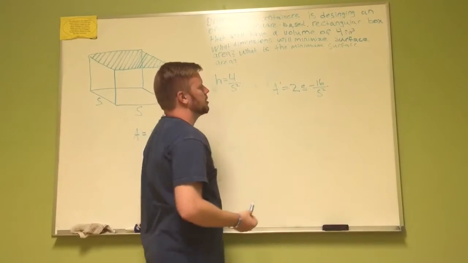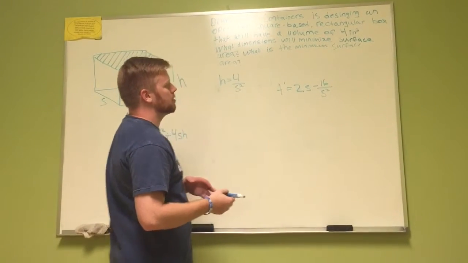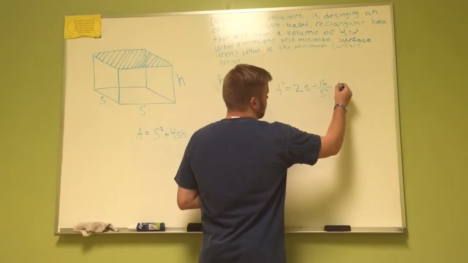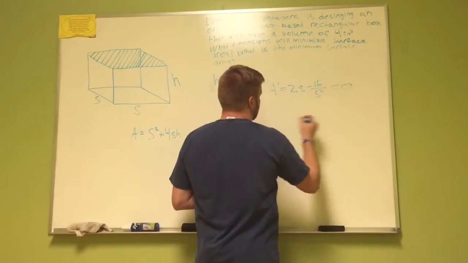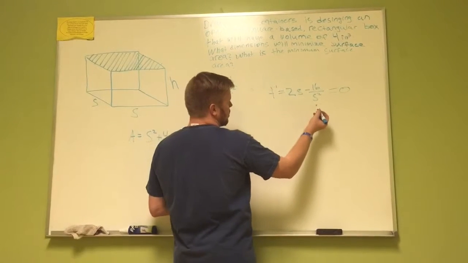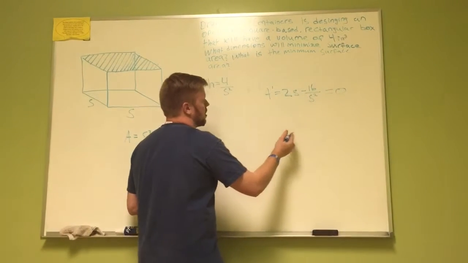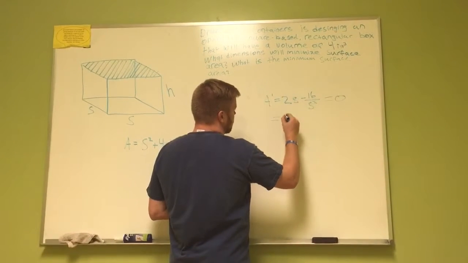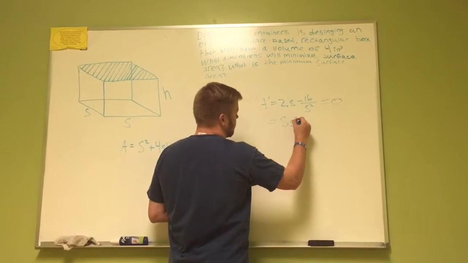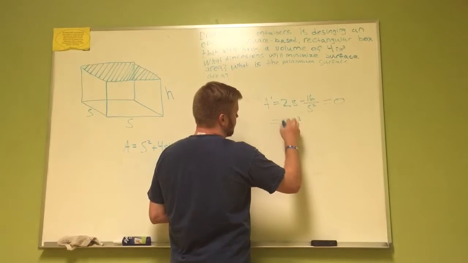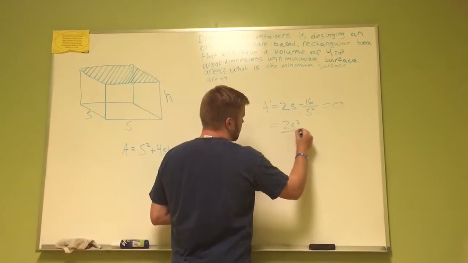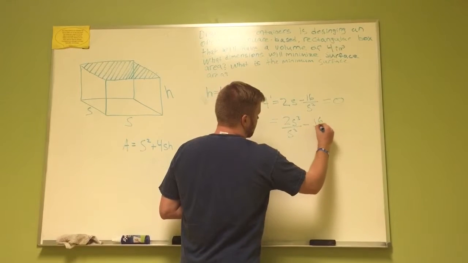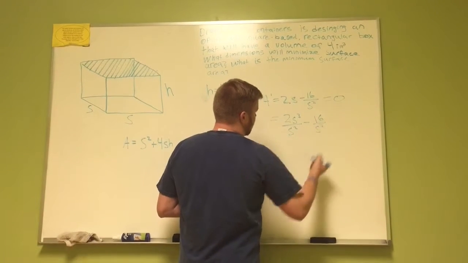What we want to do is find where our slope is equal to 0, which will give us our S, so we set this equal to 0. To rewrite it, you find a common denominator when subtracting, so it's 2S cubed minus 16, over S squared.